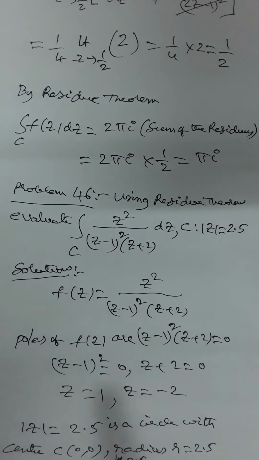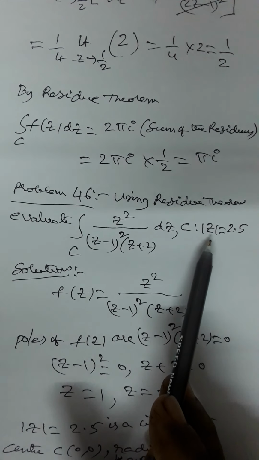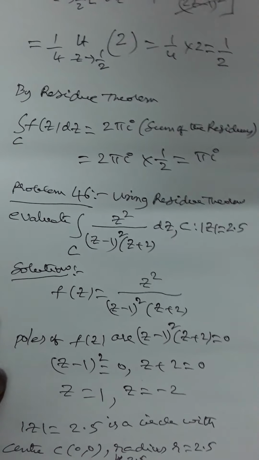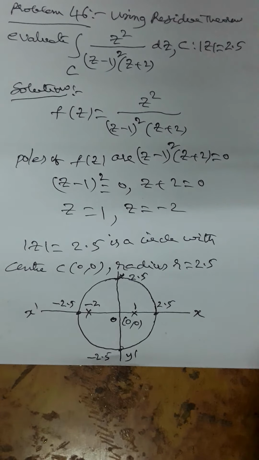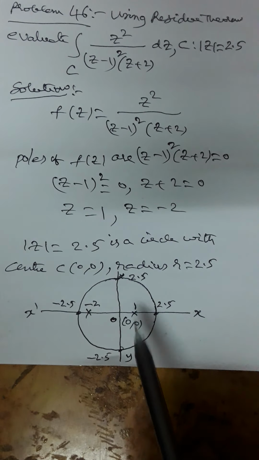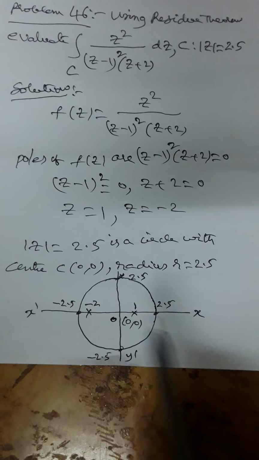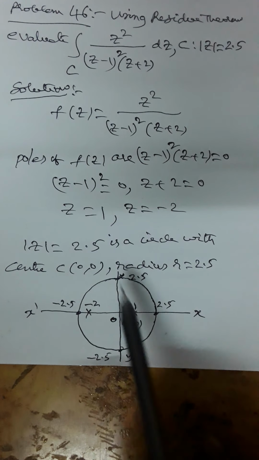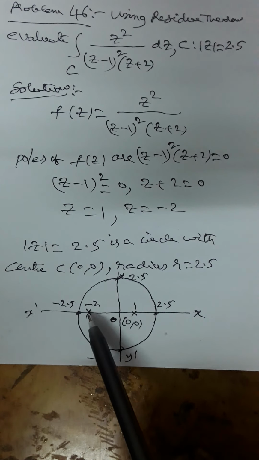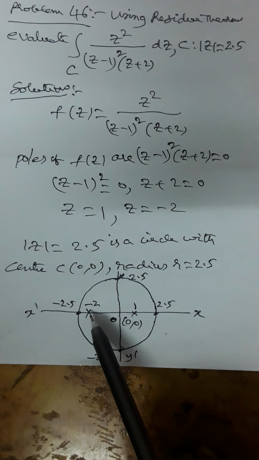Now the given circle |z| = 2.5 is a circle with center (0, 0) and radius r = 2.5. Now draw the circle diagram. So 1 lies inside the circle. Minus 2 also lies inside the circle, since this is minus 2.5 and this is minus 2.